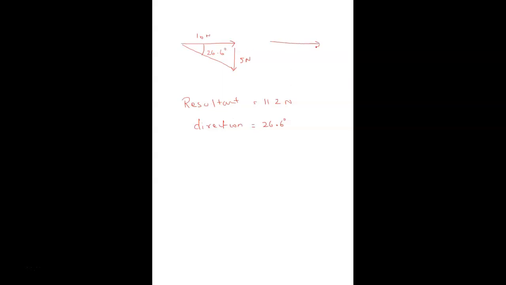Before it was like this, resultant 26.6 degrees. What is the difference between these two angles? Here you have to say 26.6 degrees above the horizontal, and here you will say below the horizontal. So this is the important case here.